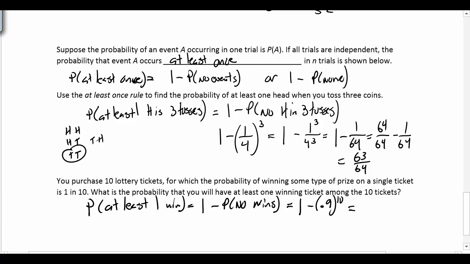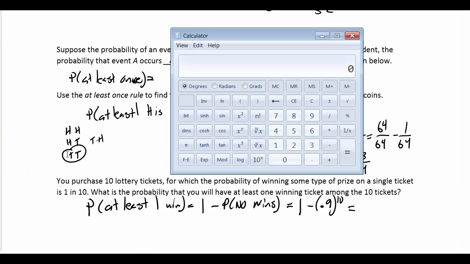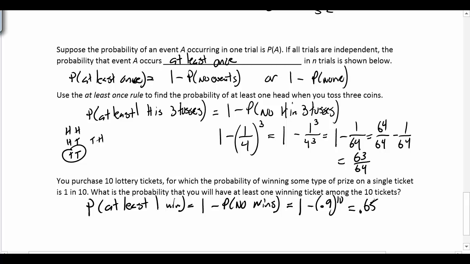That's where we have to pull a calculator out. Okay, so 0.9 to the 10th is 0.347. So I want 1 minus 0.347, which should give me something like 0.65. So 65% of the time I would expect to win at least something with these kinds of rules.